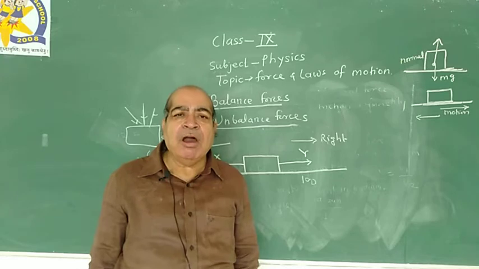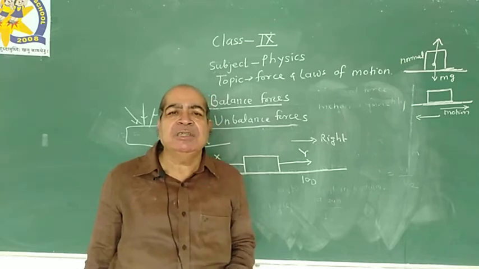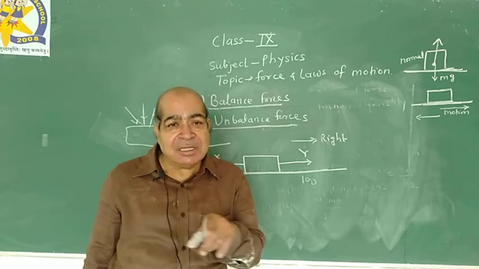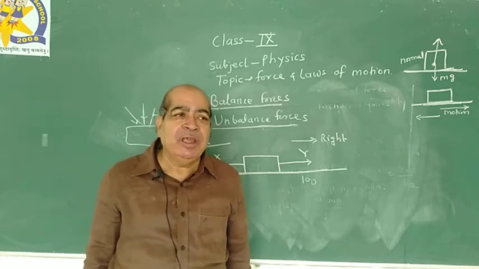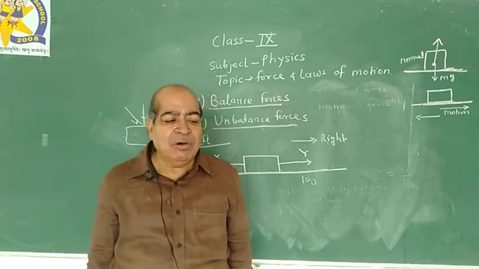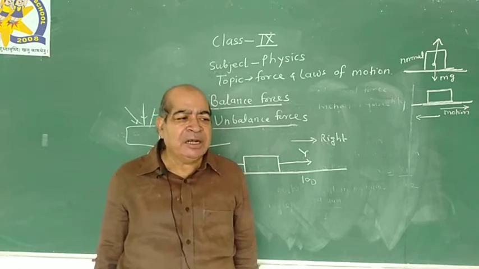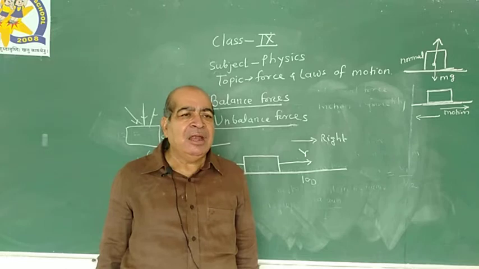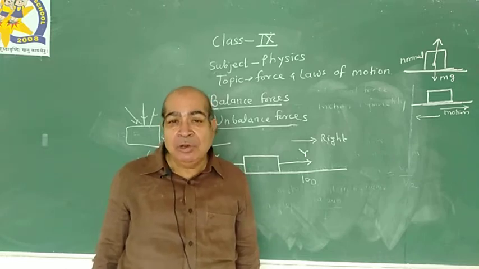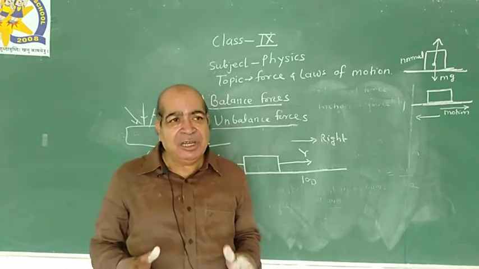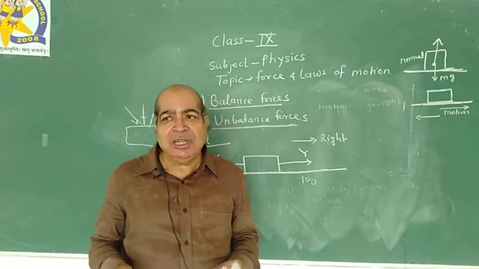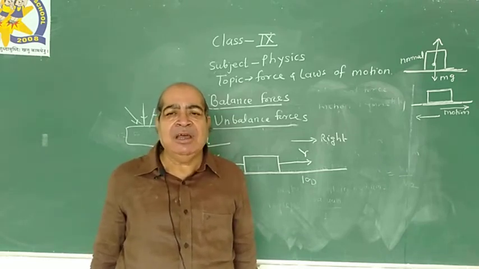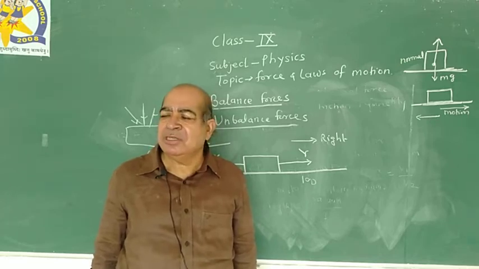When two or more forces act on the object simultaneously, and they do not change the state of rest or the state of uniform motion of the object, then they are called balanced forces.